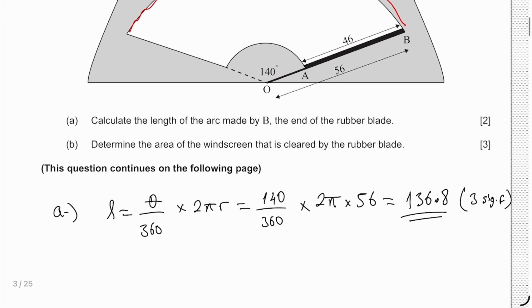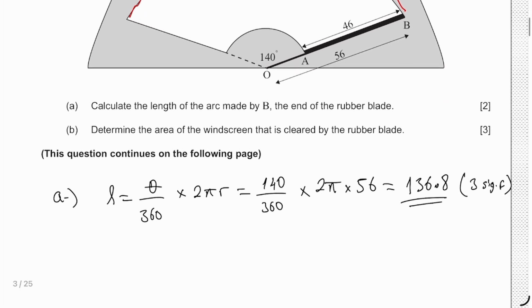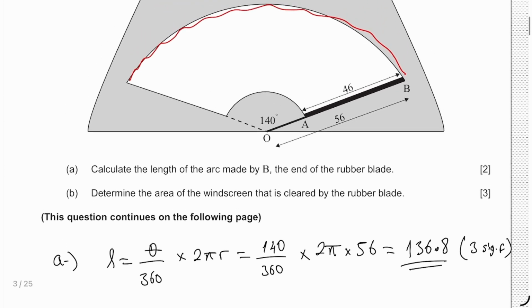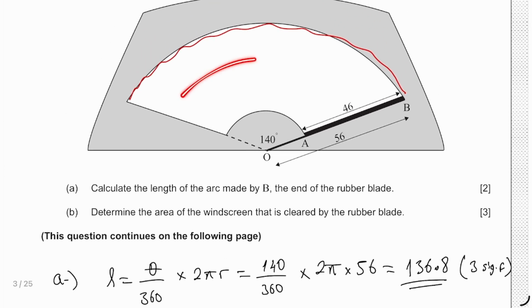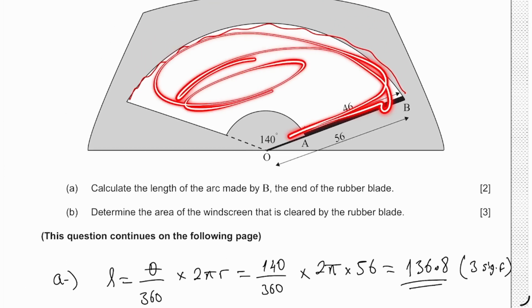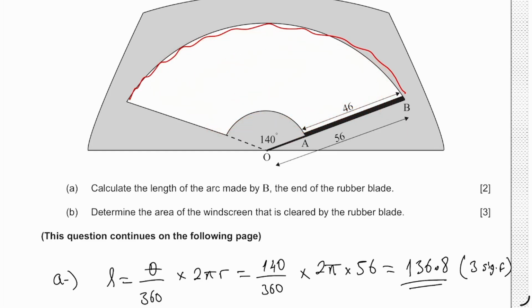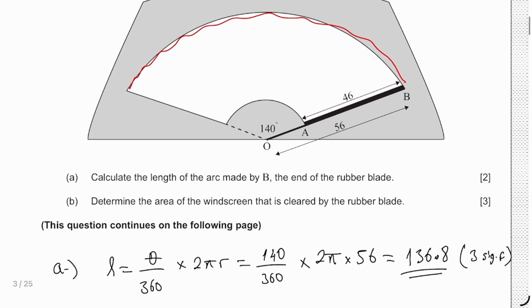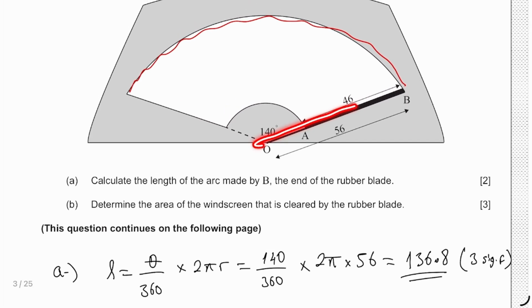Okay. Determine the area of the windscreen that is cleared by the rubber blade. What are they asking? They are asking the area of this white region. So how can we find that area? Area of this sector minus area of this sector, right?